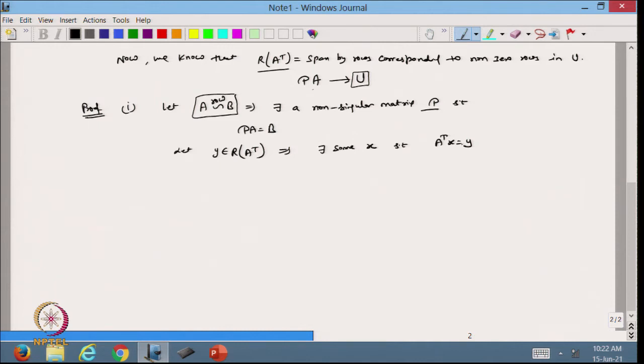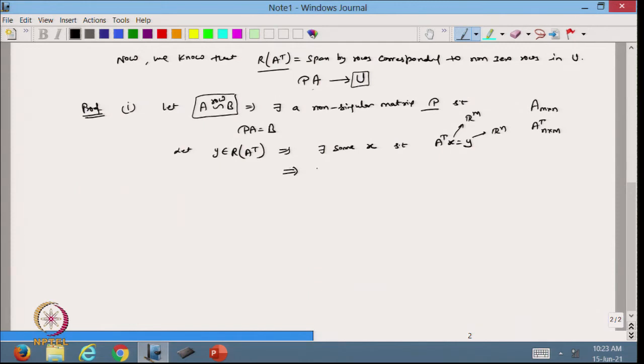For some x I will get this value. You know that this A is an m cross n matrix, then A transpose will be n cross m. So, this x will come from Rm and this y is coming from Rn.